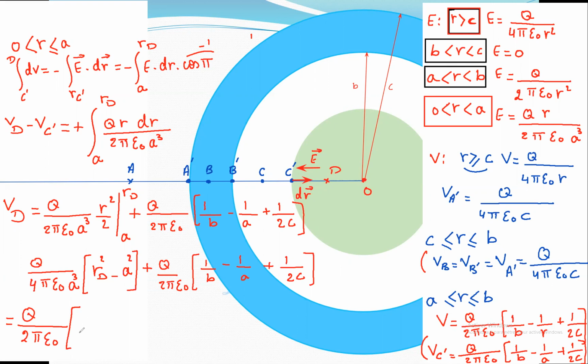Inside, we have rD square divided by 2 A cube, because you have A cube here. If you want, we can put A cube here and A cube here, and we can delete this one.